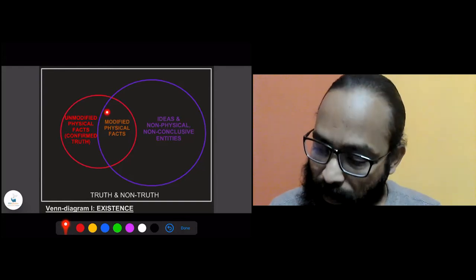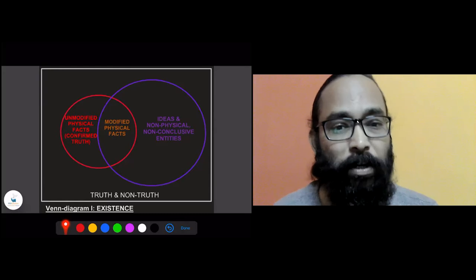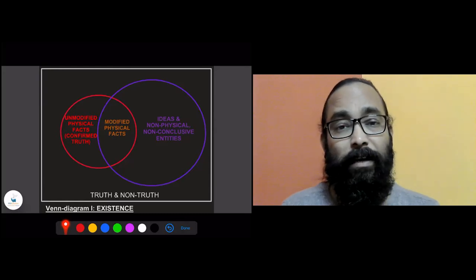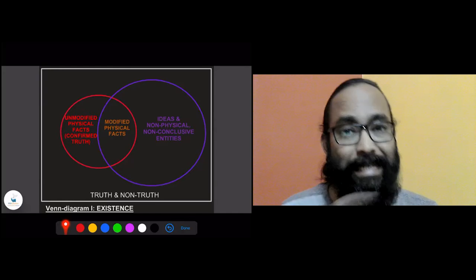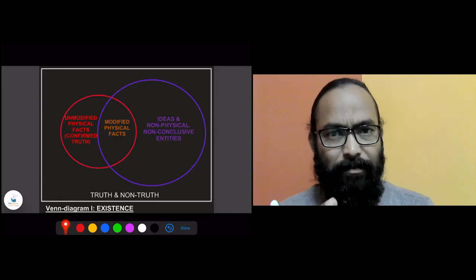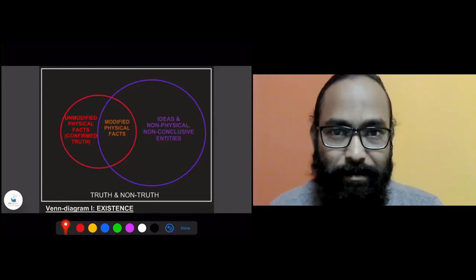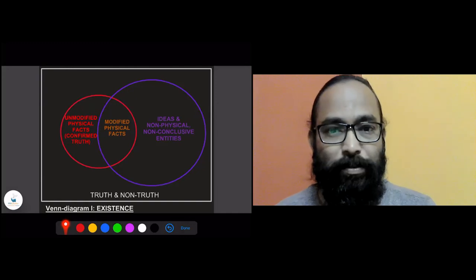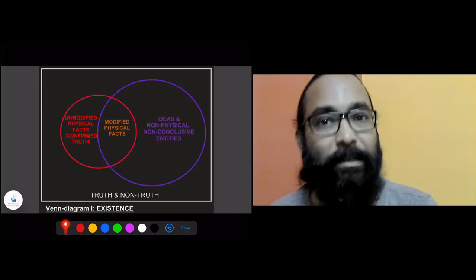Now in this overlapping area, there are modified physical facts. Modified physical facts means when we modify the tendency based facts and create some other physical entity. For an example, from mango to mango jam. Mango jam is a modified physical fact.